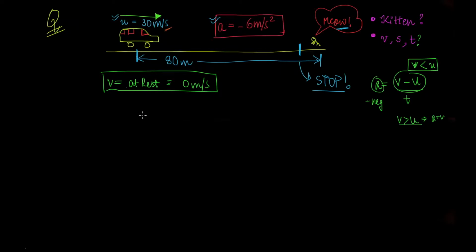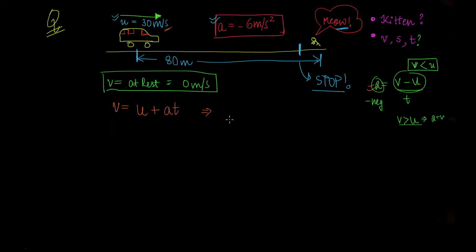So if we know the final and the initial velocity and we know the acceleration, what's left to do? Well, we can evaluate very easily using the first equation of motion. We have v, the final velocity, equals u, the initial velocity, plus a times t, the time taken for acquiring a velocity v starting from u.